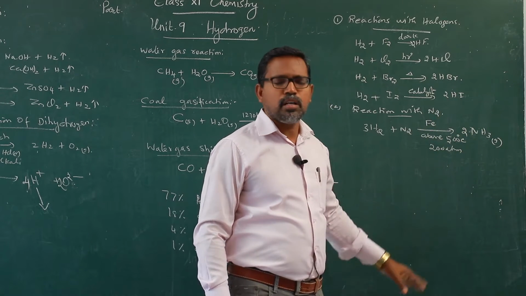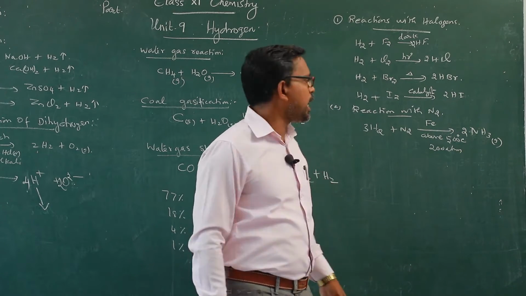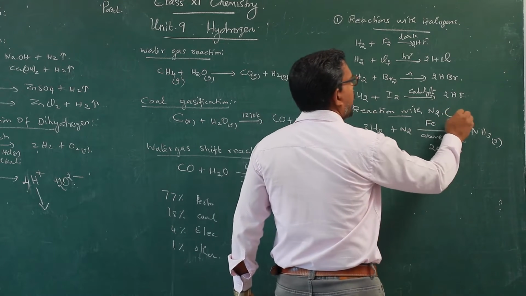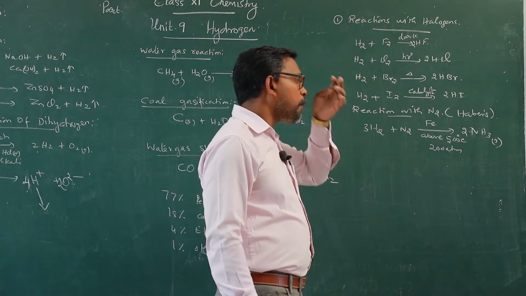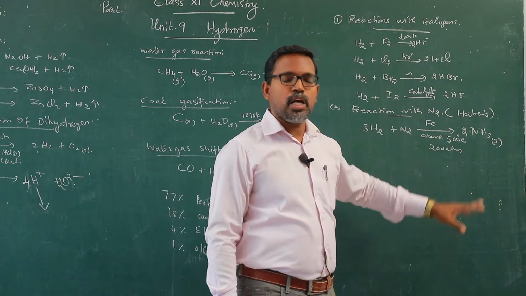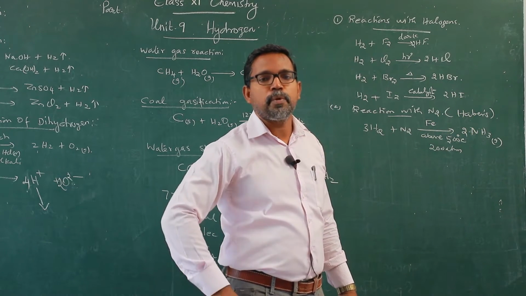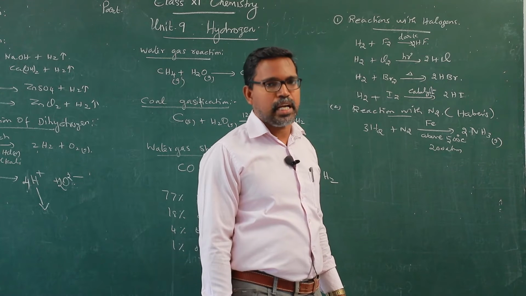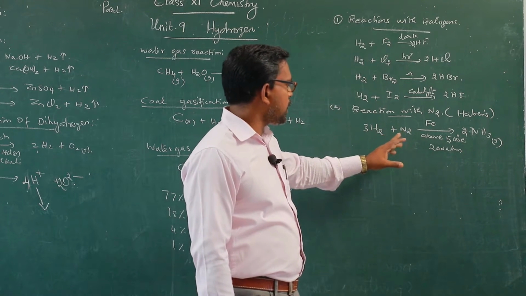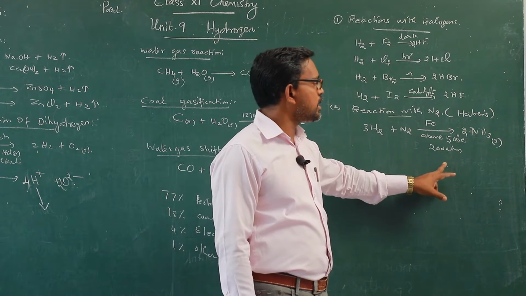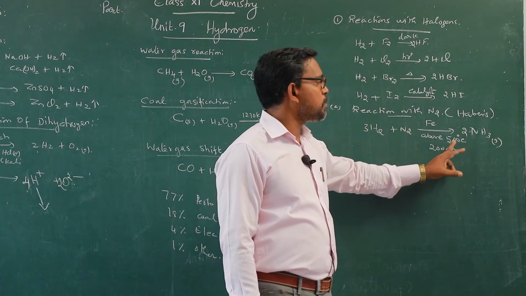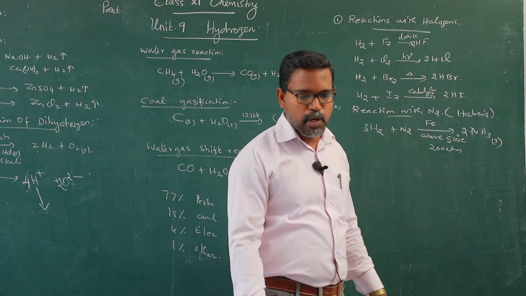This process is called Haber's process, and it is highly used for the preparation of ammonia. Ammonia is highly useful for preparing nitrogen-containing fertilizers. This is a very important reaction.